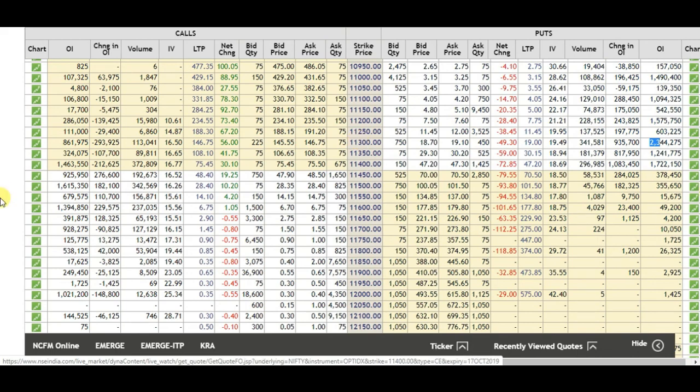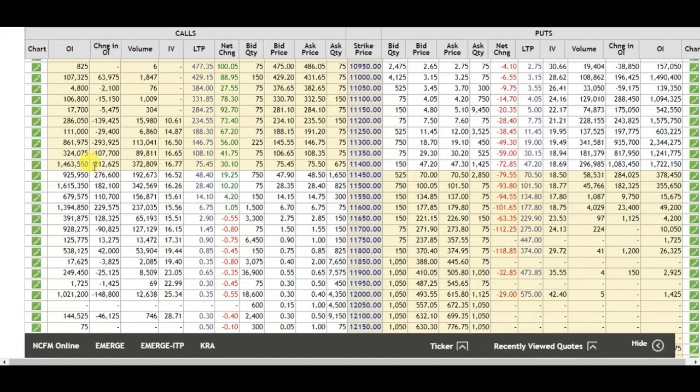Now let's go to the call side and find out the resistance for the 16th of October. At strike price 11,400, the net change is plus 30 and the change in open interest is minus 2.1 lakh contracts. It means the call writers who sold the contracts at 11,400 have unwound their position.